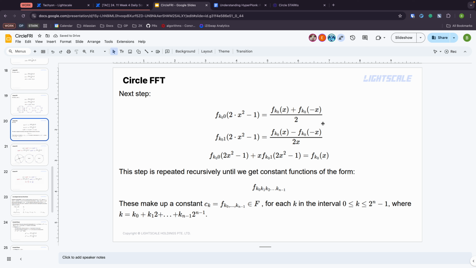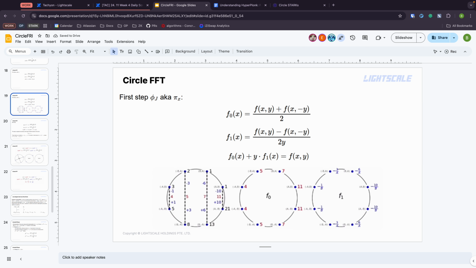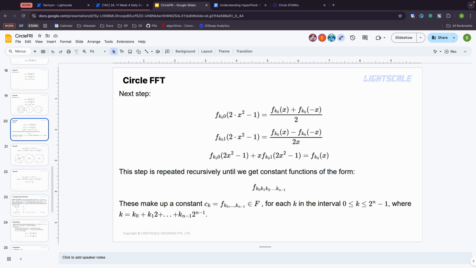So what I mean is, we know f of 0 or f of 1 x here, right? Yeah. k0 is either 0 or 1, and if let's say k0 is 0, then if we use this with times x, it results in the same polynomial as in the previous slide, which is f0.